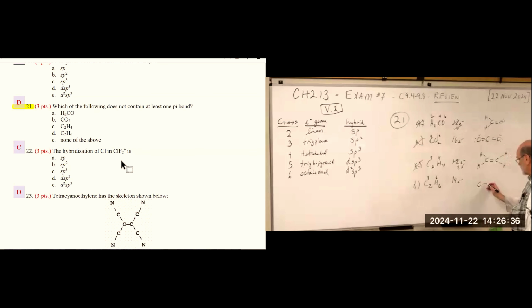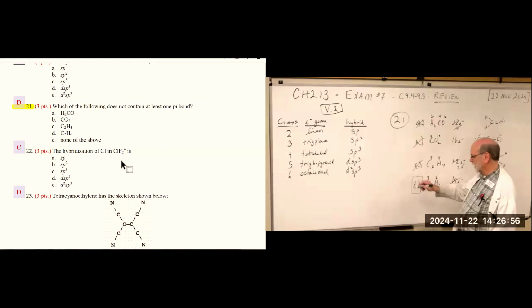C2H6. Hydrogens. 2, 4, 6, 2, 4, 6, 8, 10, 12, 14. Used them all up. No pi bonds in that one. So D is your answer.